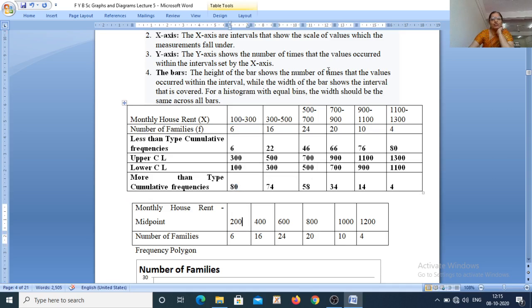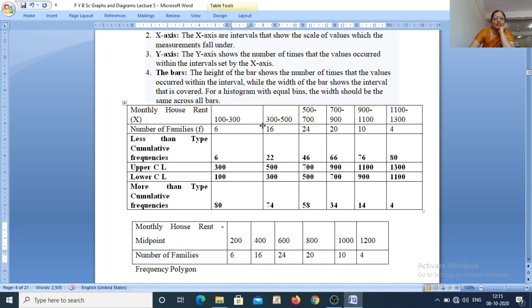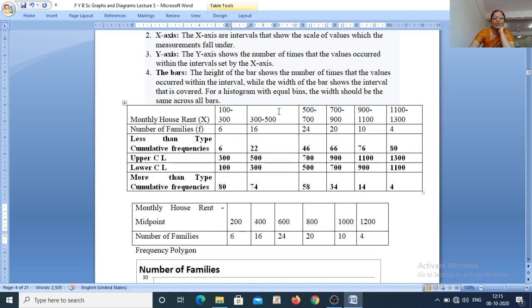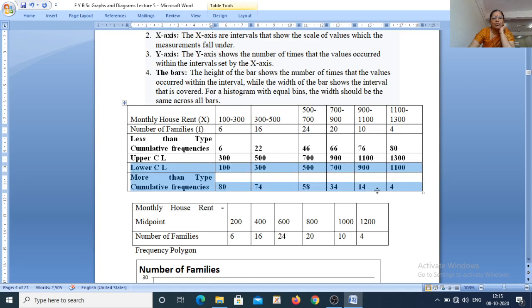Okay. So in this way, we can compute more than type cumulative frequencies. Now, these more than type cumulative frequencies are actually computed with respect to the lower class limit. Therefore, we plot more than type cumulative frequencies with the lower class limit.